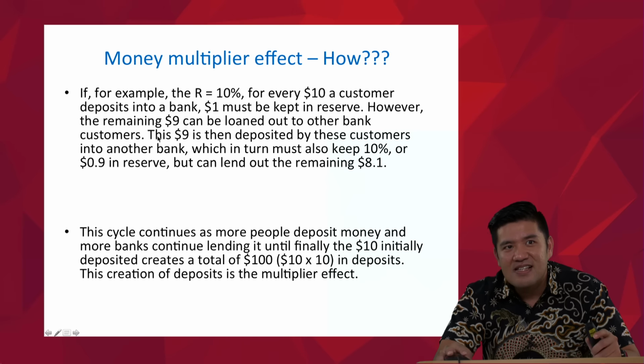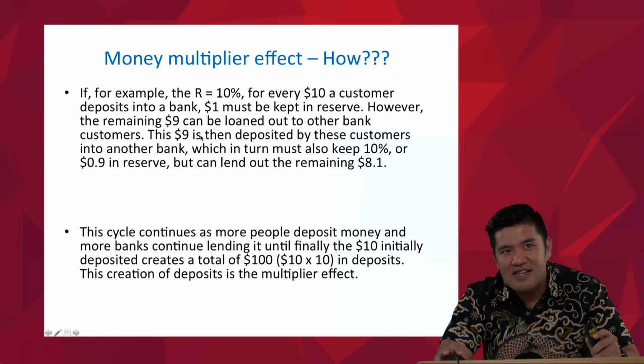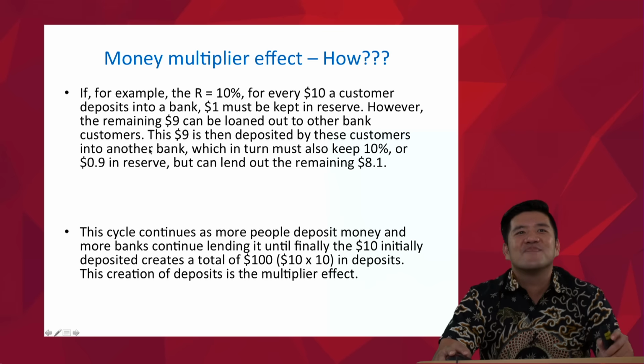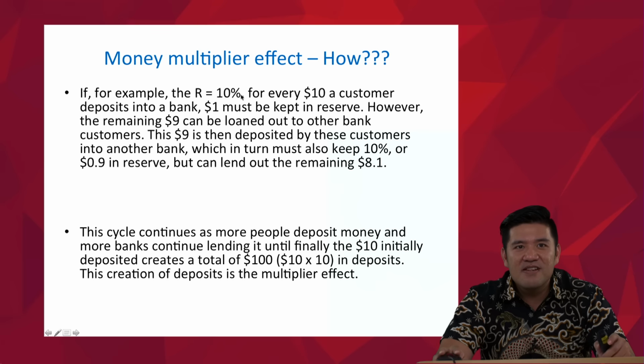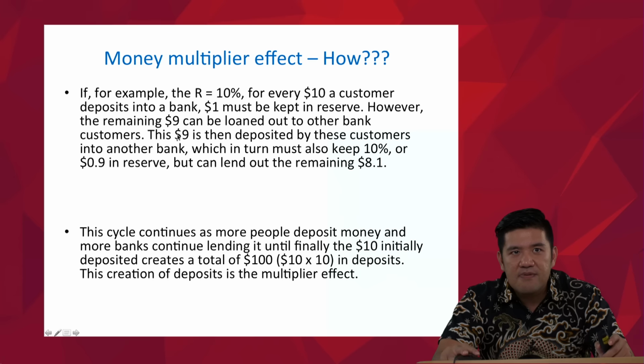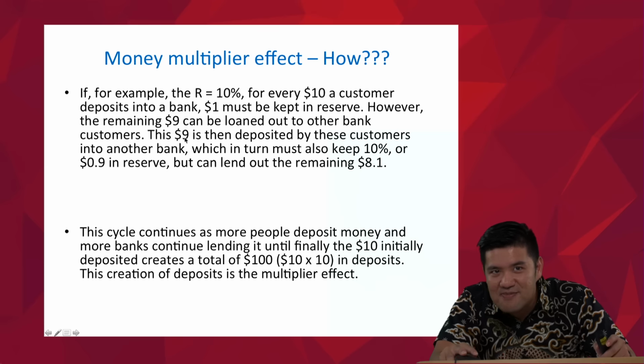Alright? This $9 that is loaned out will then be deposited by these customers into another bank. Alright? So in the first round, you got an initial deposit of $10, but through the lending process, in the second round, a new deposit of $9 is created in the system. Yes or no?